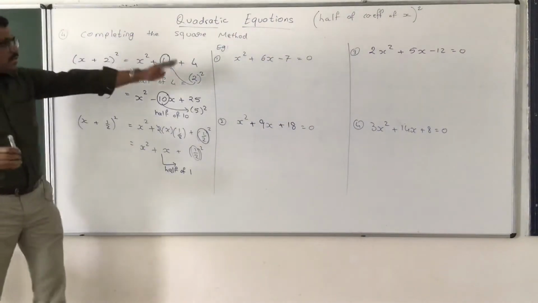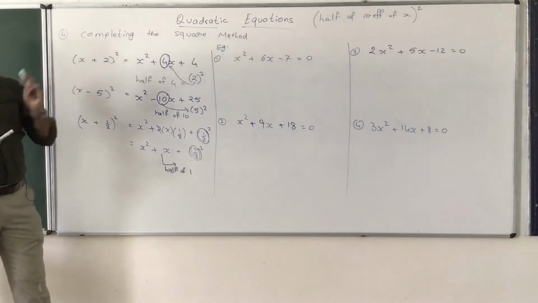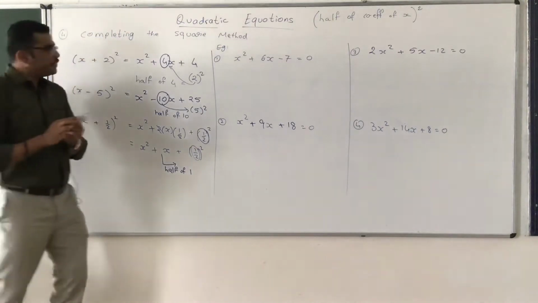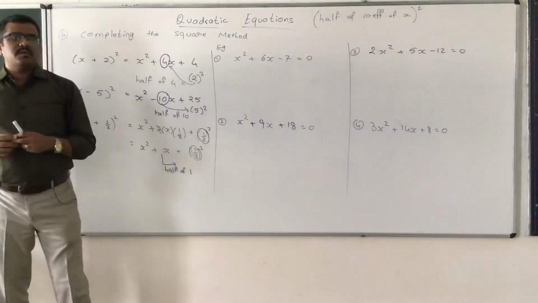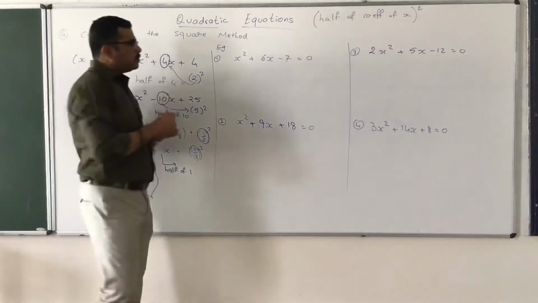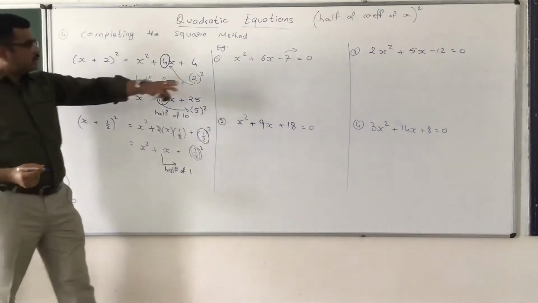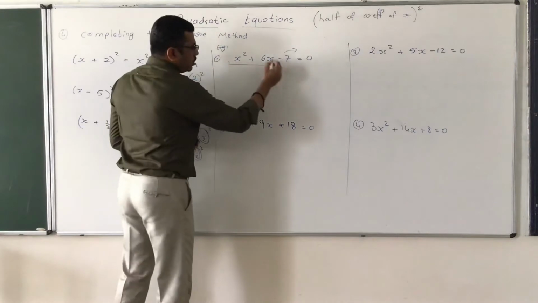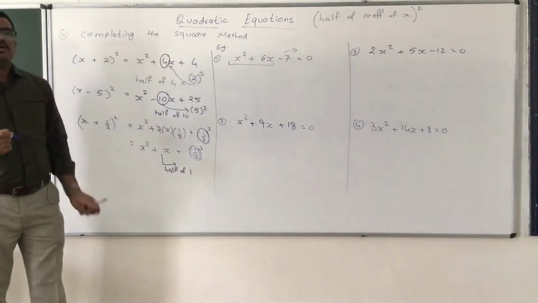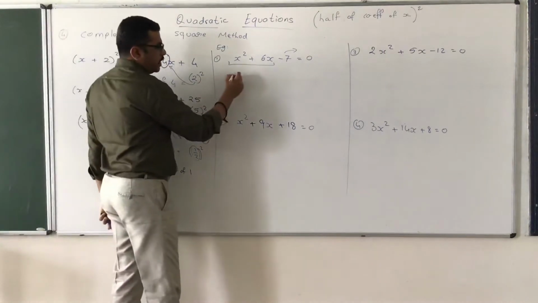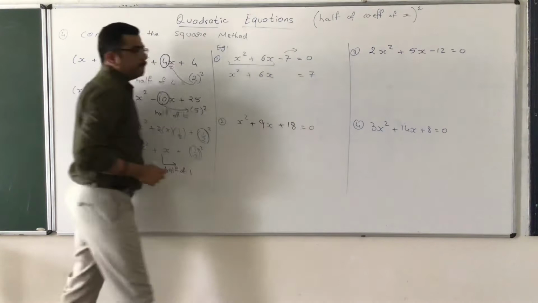Now this technique we will use in solving the quadratic equation by the method of completing the square. So here we have x squared plus 6x minus 7. First of all, we take the constant term on the other side, because we will use these two terms and make a perfect square out of that. So we have x squared plus 6x equals 7.